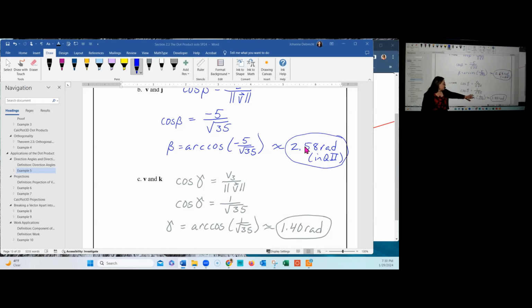So this gives us the direction cosine 1 over the square root of 35. And when we take the inverse cosine, we get about 1.4 radians, which is definitely in quadrant 1. 1.57 is pi over 2. So it's quite close to pi over 2, but less than. So somewhere probably between 80 and 90.